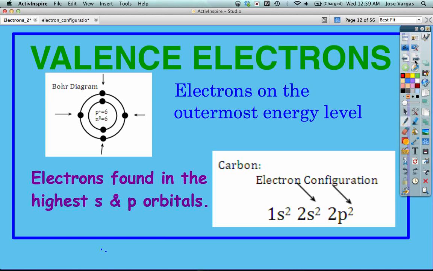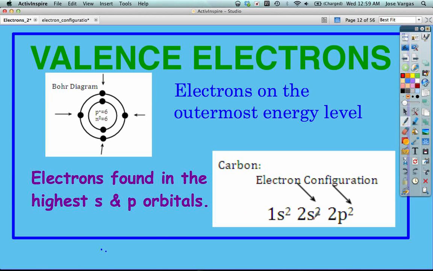Now, we have been talking about trends in all of this, and we looked at the Bohr diagram before, and how if we look at the last energy level, it tells us our number of valence electrons. Well, here we can actually tell the number of valence electrons by looking at the highest s and p orbitals.